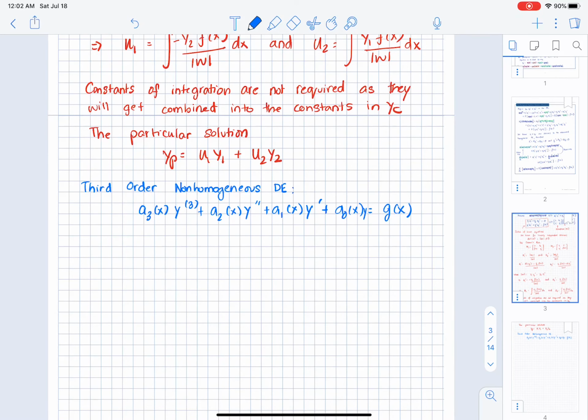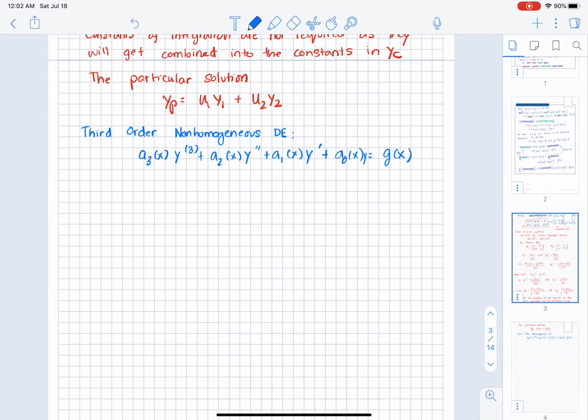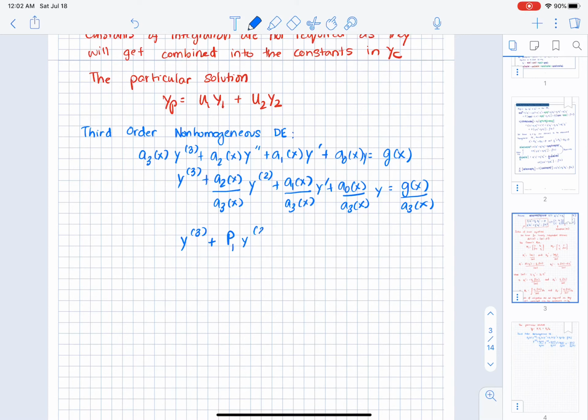We have to, or else the method will not work. So we can write it like so, which gives the third derivative plus p1 times the second derivative plus p2 times the first derivative plus p3 y equals f of x.